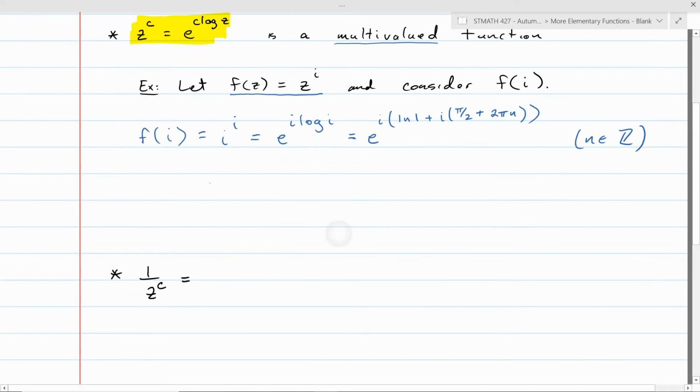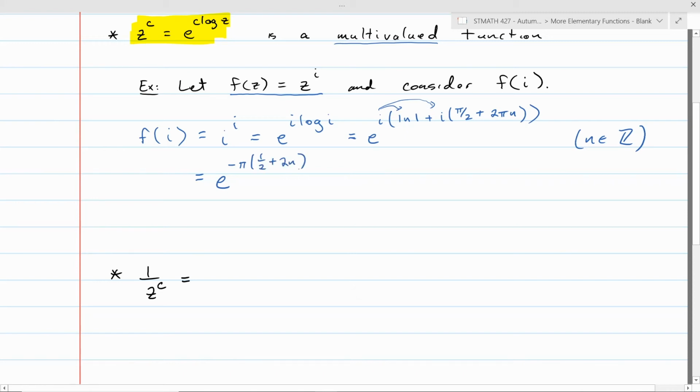And then upon simplifying that a bit, we know natural log of 1 is equal to 0, and then we end up multiplying an i times an i here, and getting a negative 1, so you end up with e to the negative pi times 1/2 plus 2n.